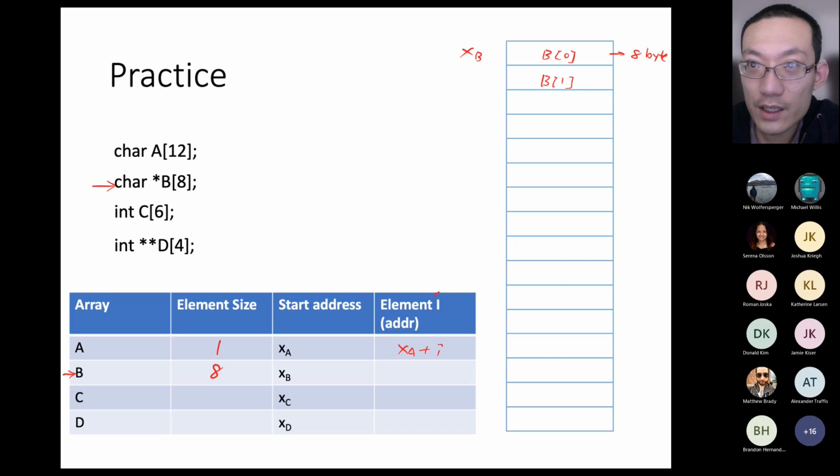So here, I will give you a clue. Each slot right now is 8 bytes because one element is a char pointer occupying 8 bytes. It should be something that starts with XB plus which number for B1?